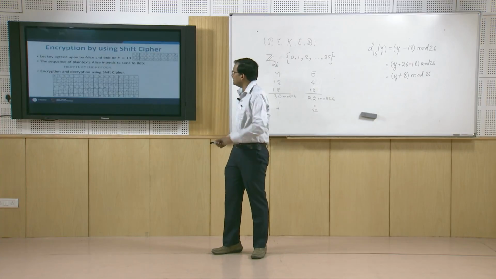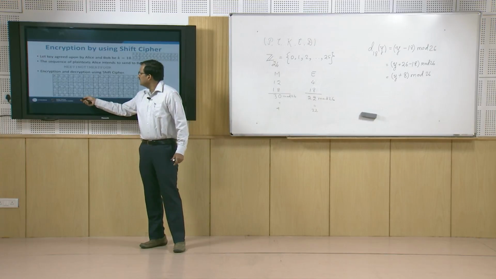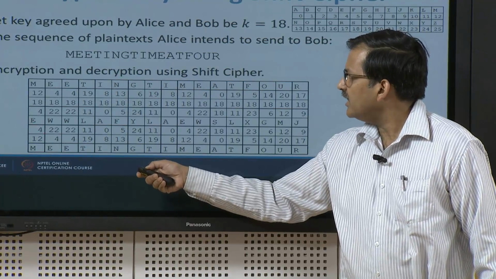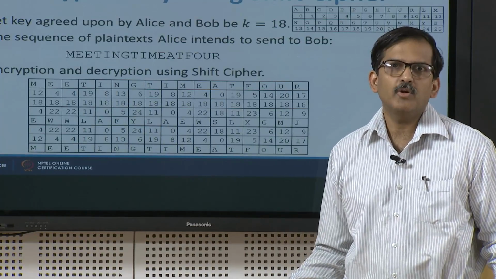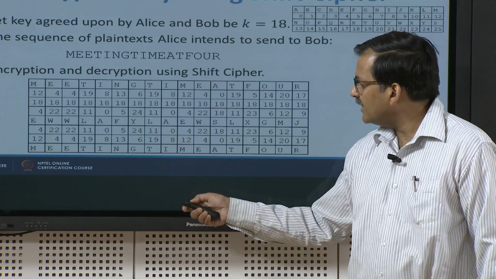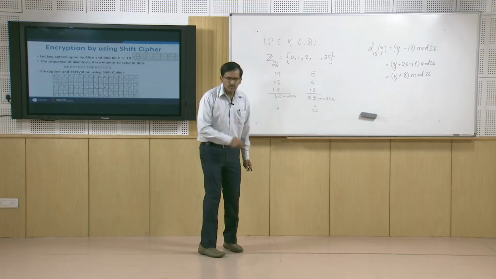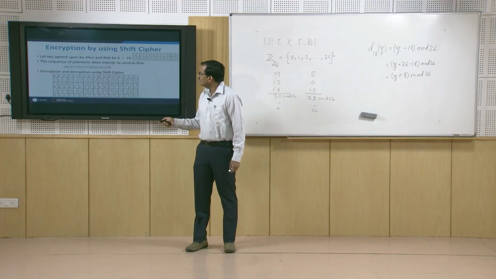Now, let us go to this table. Here Bob receives E. When Bob receives E, he changes E to 4, which is the agreed upon encoding, and then he adds 8 to 4 to obtain 12, and then see that he is obtaining the original symbol back.